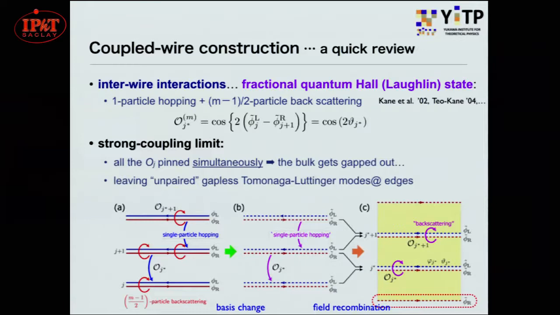But you can rewrite this cosine inter-wire interaction in terms of the original fermion, which is shown here. So we have single particle hopping between these wires. On top of this, we have some on-wire backscattering interaction, which is given by m minus 1/2 particle backscattering. So in principle, you can write down everything in terms of the original fermion, but typically it involves multi-particle processes.